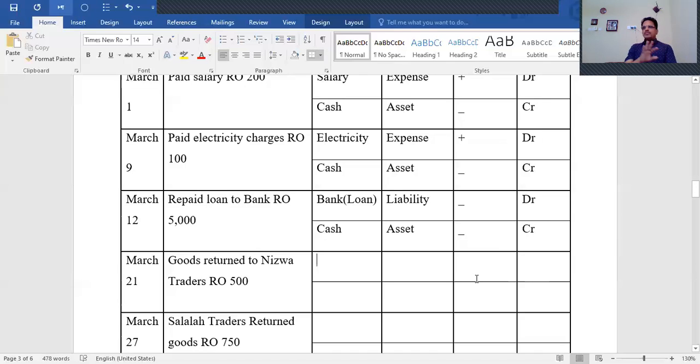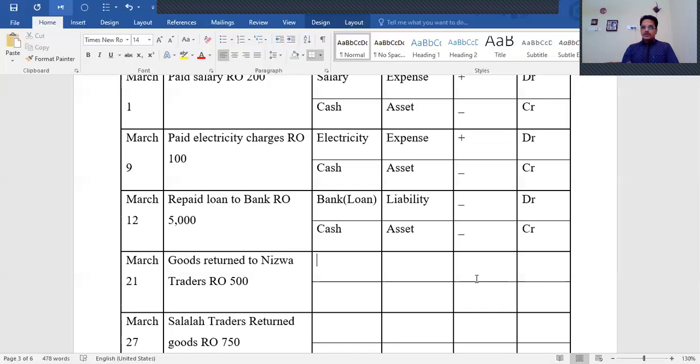So in all normal simple entries, there should be a minimum of one debit and one credit. But in some cases, there may be two or three debits and one or two credits. It may be more. That type of entries are called compound entries. So after understanding the normal transactions, we'll start some compound transactions, having two or more than two accounts.